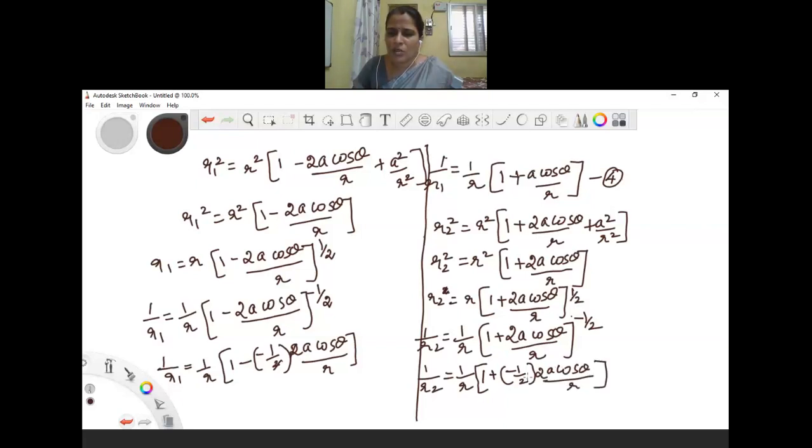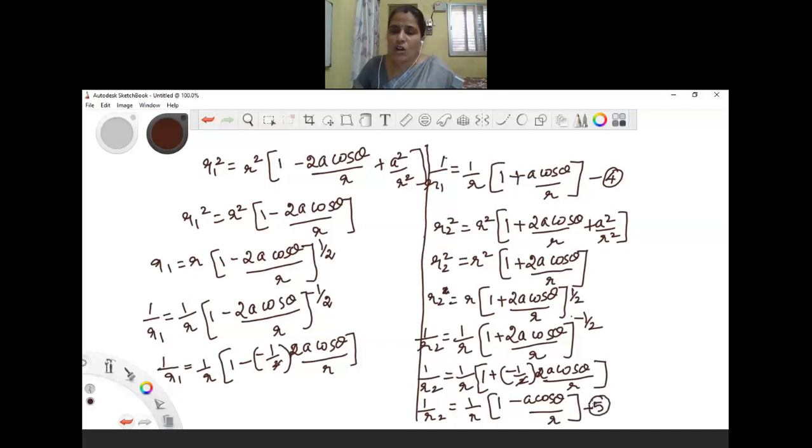So again these two will get cancelled. So the remaining term is 1 by R2 is equal to 1 by R into 1 minus a cos theta divided by R. So this is our equation number 5.